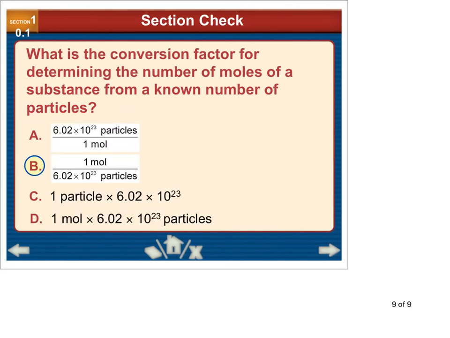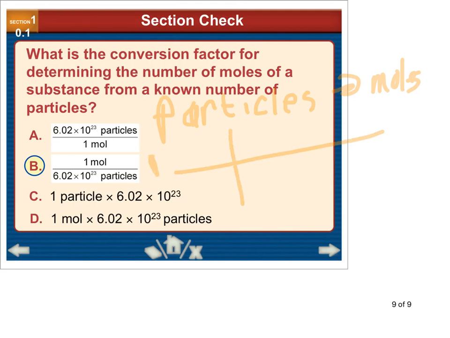And the conversion factor to determine number of moles of a substance from number of particles: if we're trying to go from particles to moles, if we write it out as in my little system here, we're starting with particles, going from particles to moles. That has to be that one right there.